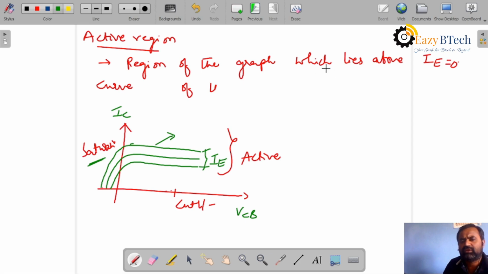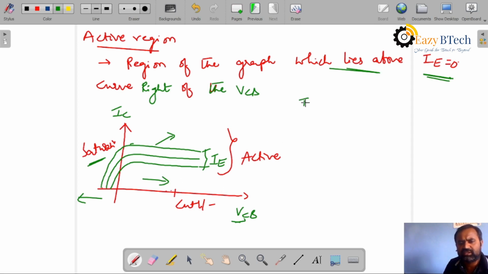The region of the graph which lies above the IE equal to 0 curve, which side is it? Right side, right of the VCB. This is the right side, this is the left side.